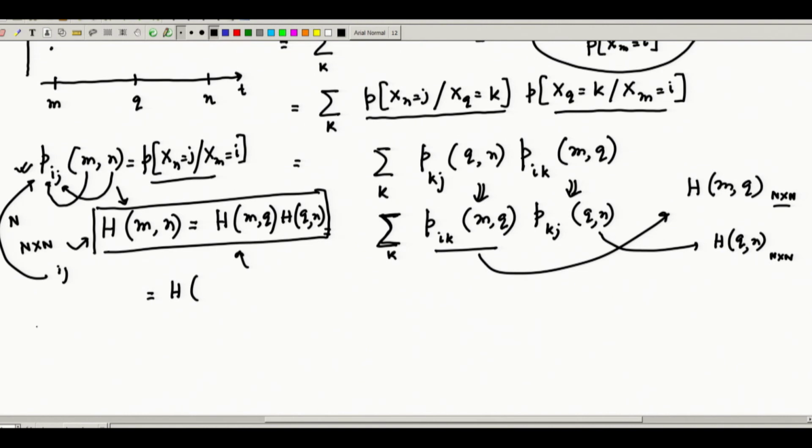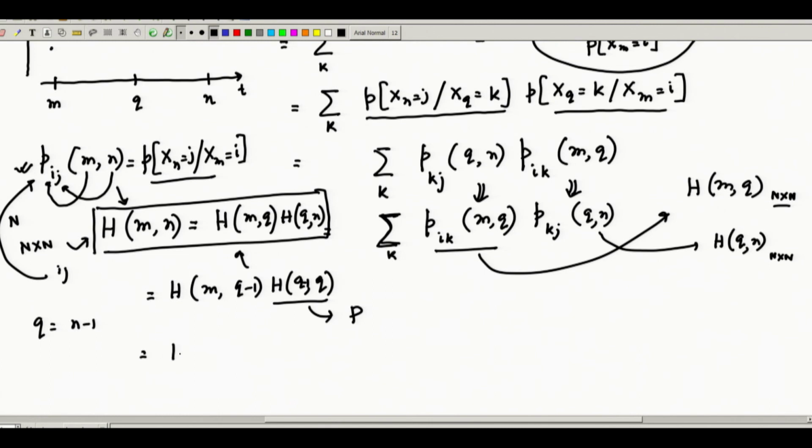Maybe Q, I can take the term Q as n minus 1. If I do that, then this becomes m q minus 1 and this becomes h q minus 1 q. What is this? This is my one step transition matrix P. So, I can put that.